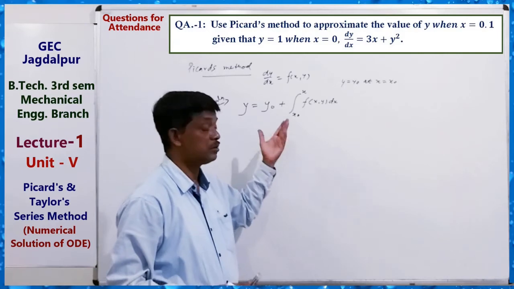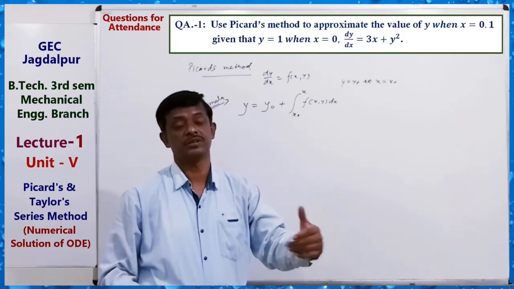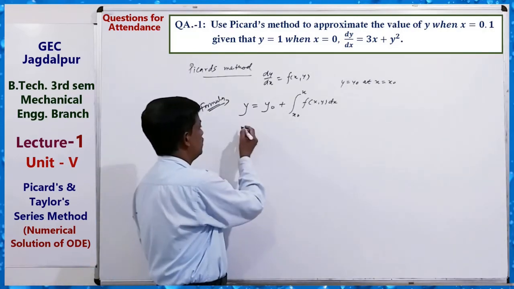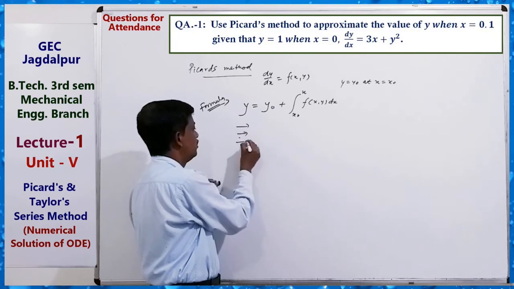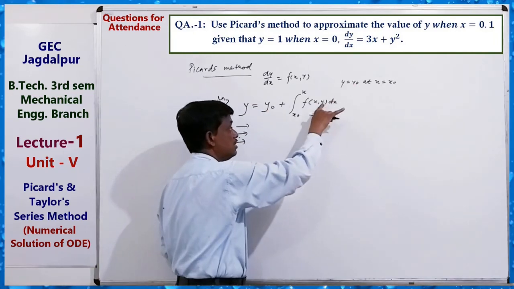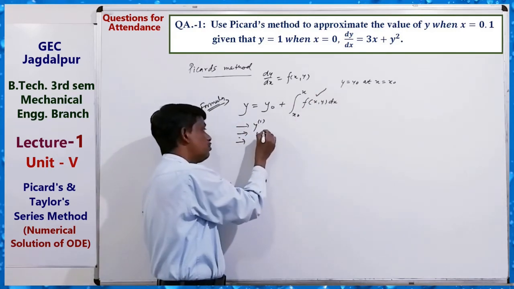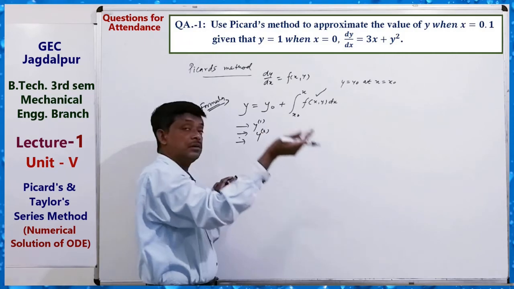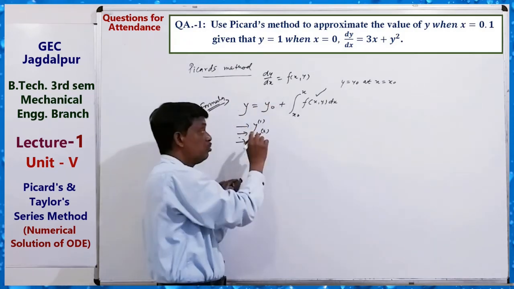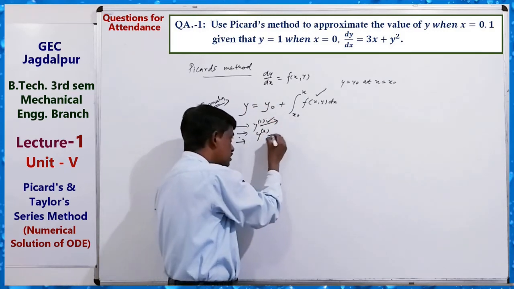Otherwise, if integration is not possible, then at the first stage you can get the first approximation, and that will be our answer. Okay, so step by step. First time just use y0, then integrate it. That gives the first approximation. For the second approximation, use this formula and in place of y just put the value of the first approximation. Then you can get the second approximation.